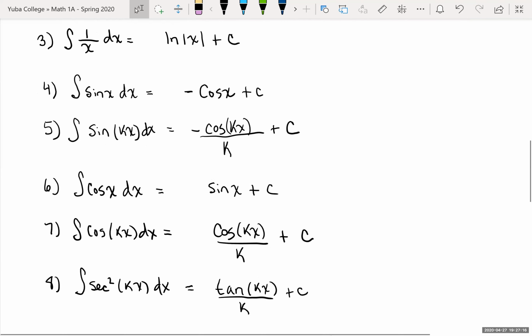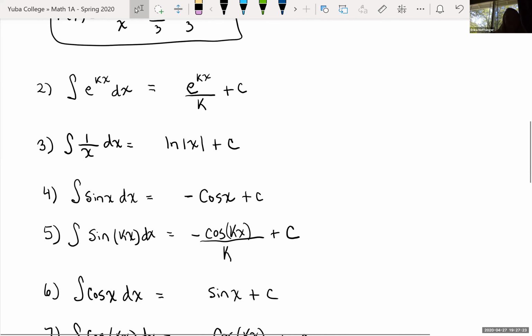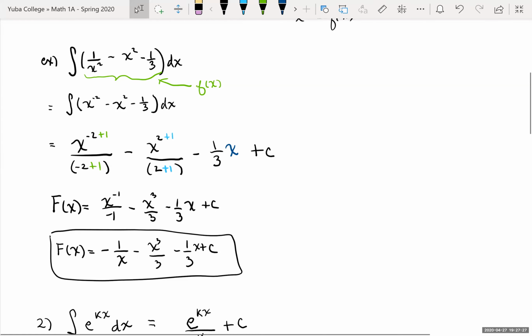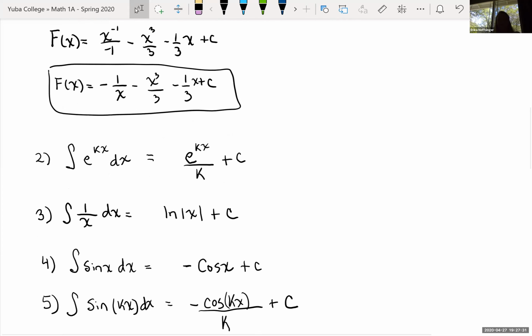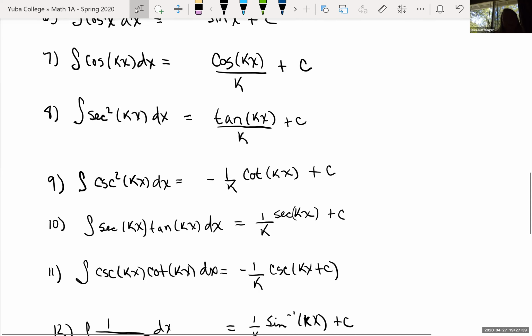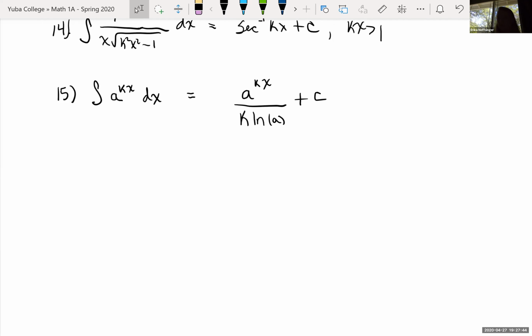So don't worry about having to memorize the other ones, but you should know how to do the ones of x raised to some power. You should be able to do all of your e ones. You should recognize 1 over x too. But the trig ones, other than sine and cosine, I mean, secant squared you probably should be able to recognize, but I think after a while you will.